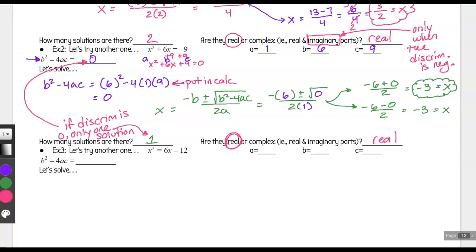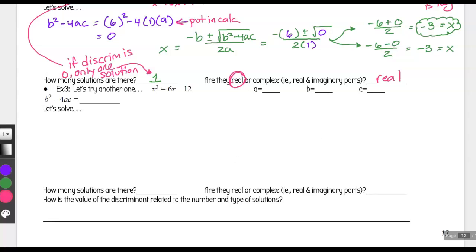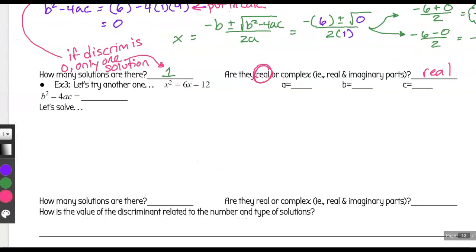Now, I want to show you example 3. Can I immediately use the quadratic formula on number 3? No. What do I have to do first? Get everything to one side.